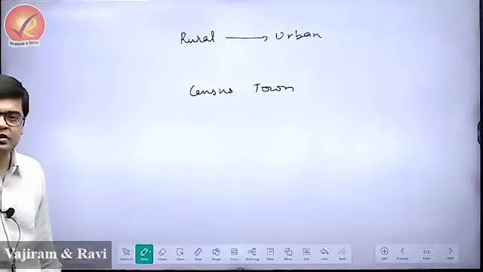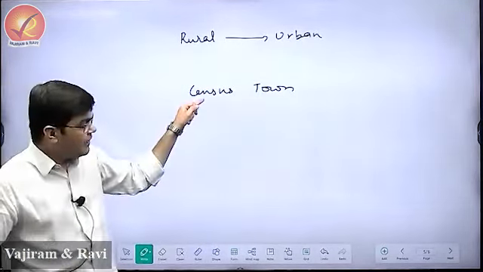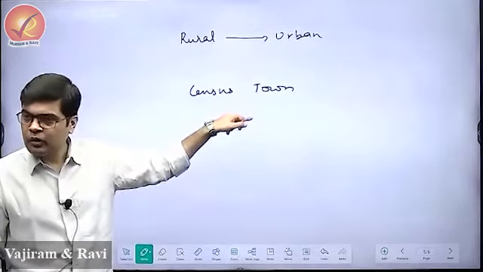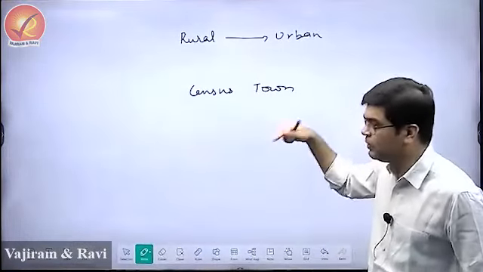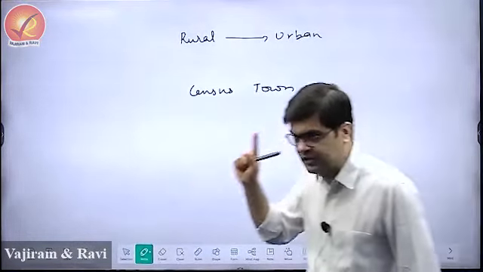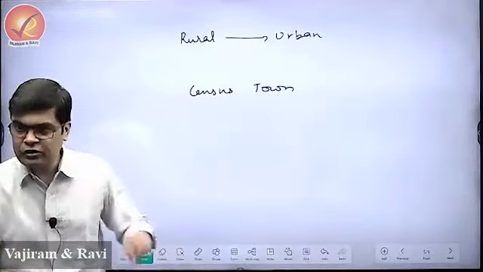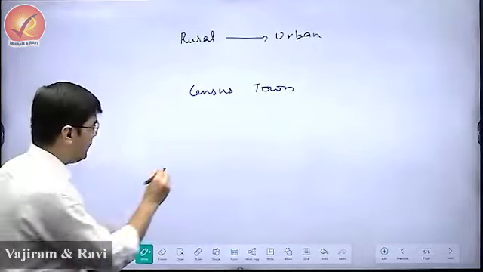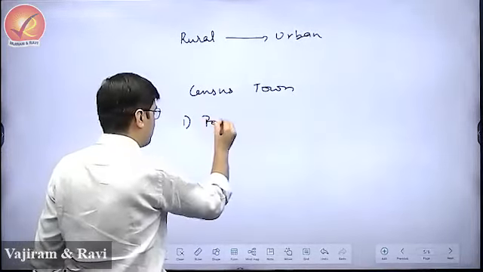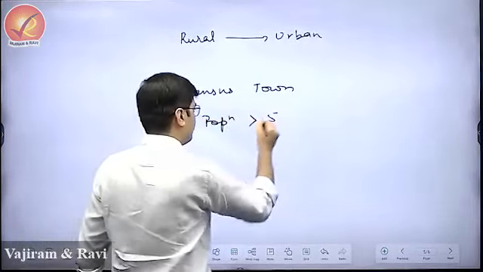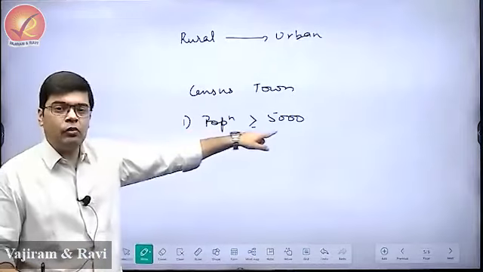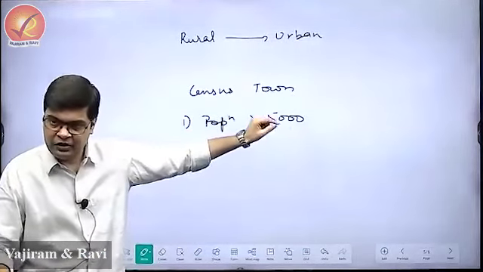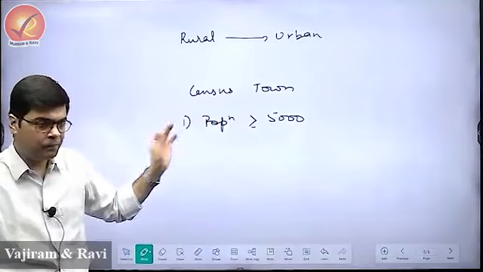Second set of town is census town. Now, can I say census counts the number of people? So census towns are defined on the basis of population. To be classified as a census town, it should meet three criteria. First, there should be at least 5,000 people in that area.